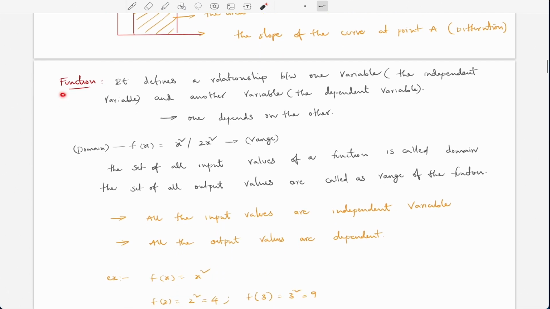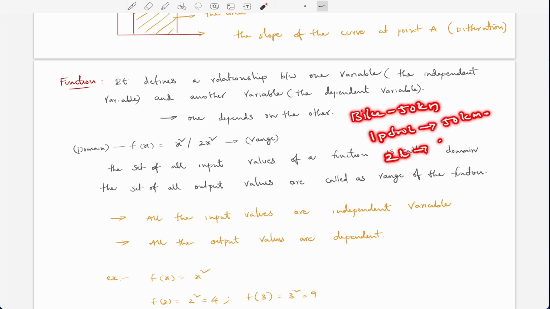So what is a function? A function defines the relationship between one variable and another variable, which are independent and dependent. In our previous example, if we have a bike, 1 liter of petrol takes it 50 kilometers, and 2 liters of petrol takes it to 100.